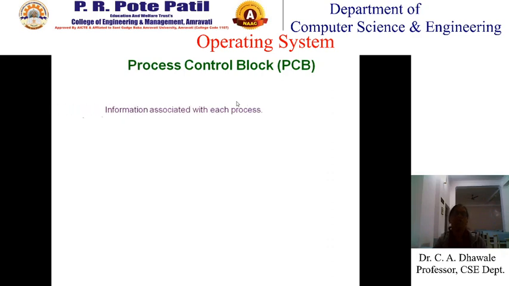Now let us see which information associated with every process is maintained by the operating system. The first and the most important thing, as we have seen, is that the process goes on changing states. Process state. Okay. Then the program counter. I just told you that for every process there should be a program counter which points to the next instruction.